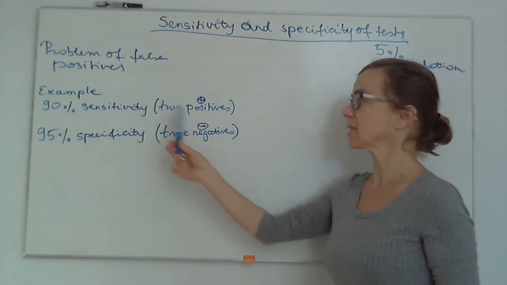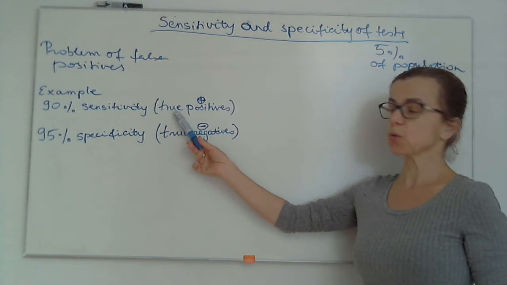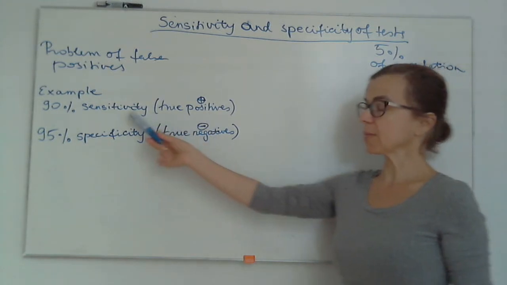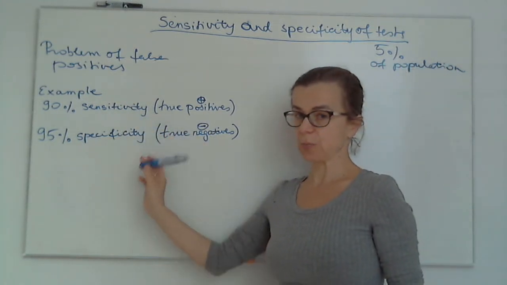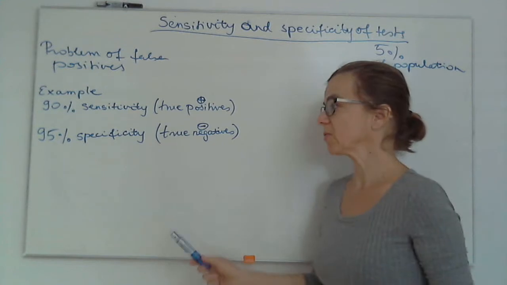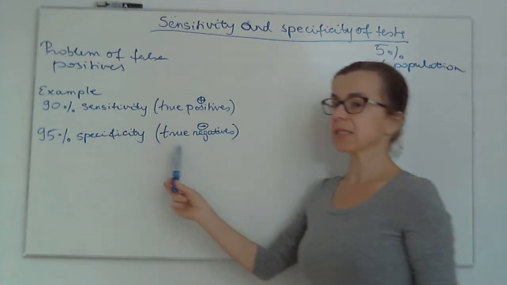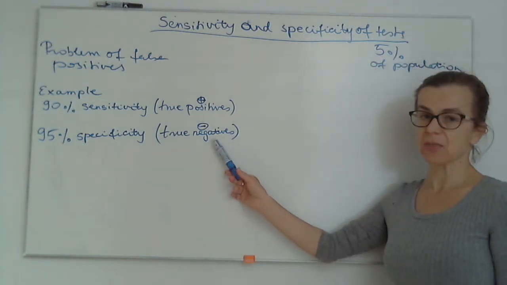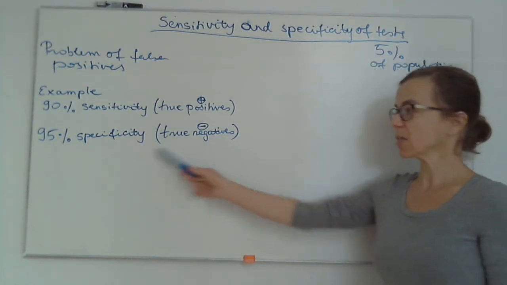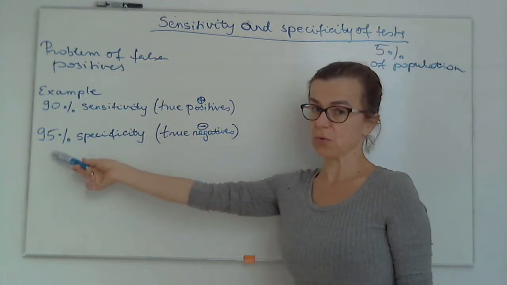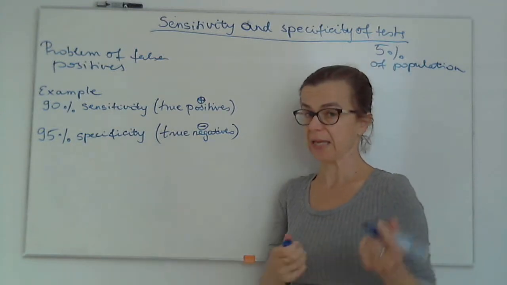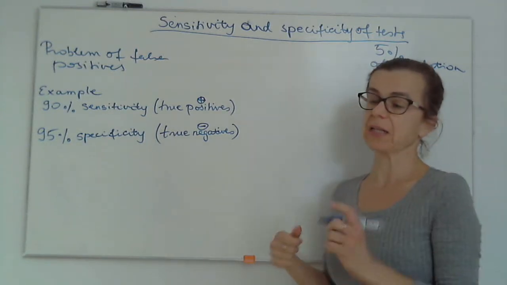Sensitivity tells us about the true positives, namely 90% of those who are infected test positive, and specificity tells us that if you test negative, then you really are a negative. So 95% of those who get a negative result in this test are definitely negatives.